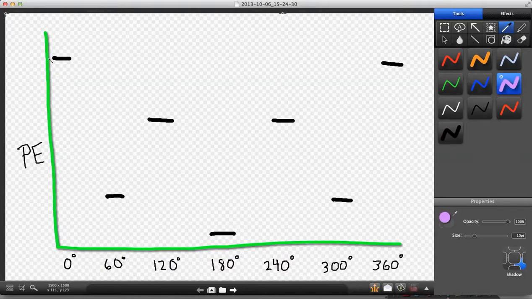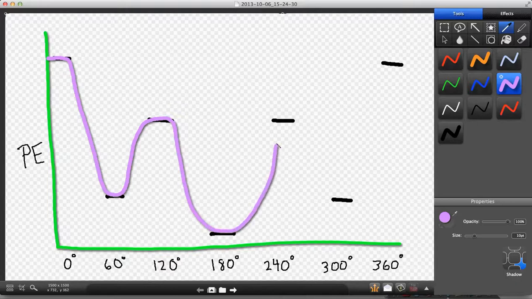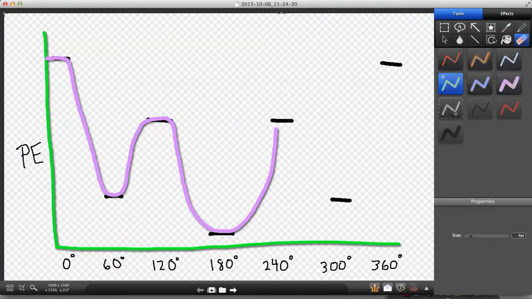And now I can simply trace a curve. Assuming I can draw a curve. I did have issues in kindergarten.